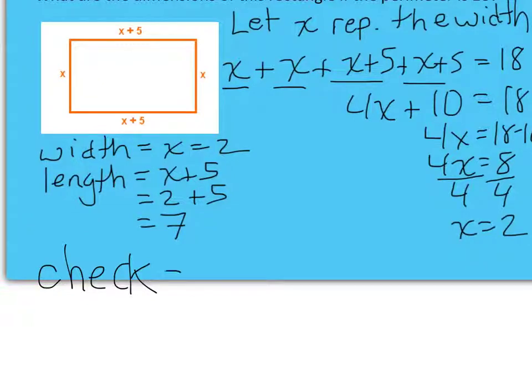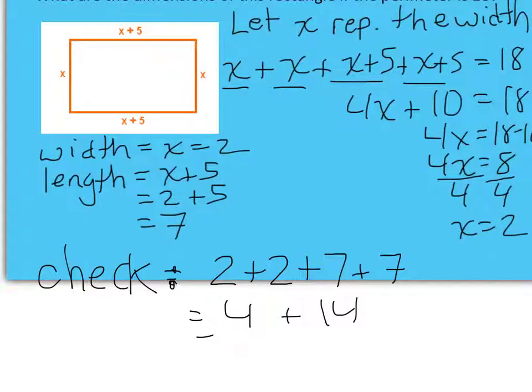So check. I should be able to find the perimeter and have it equal 18. If I think the width is 2, I'll do 2 plus 2 for the two widths, and the length is 7 plus 7. That's 4 plus 14 is 18. So it checks out. I was looking for a perimeter of 18.